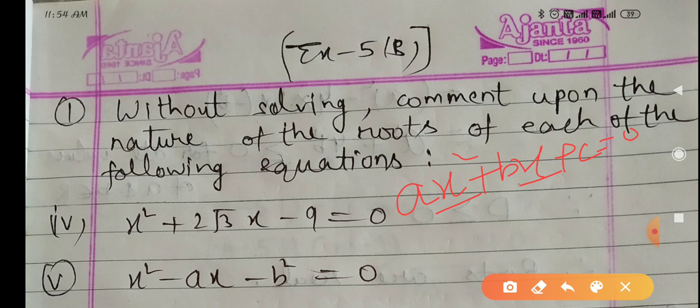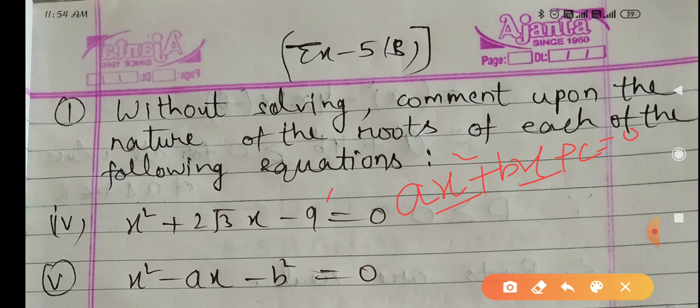So that's why two values of the variable will come for every quadratic equation.